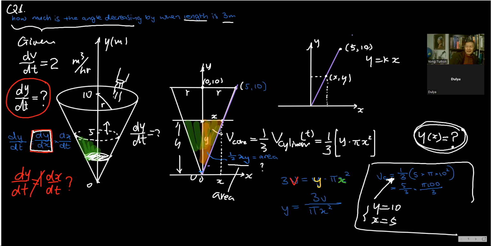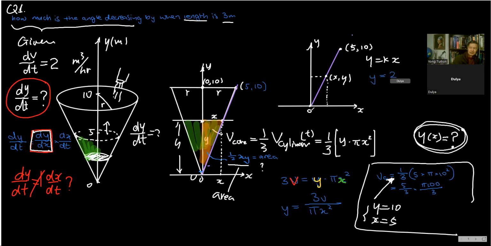What is k? Oh, it's the gradient, the slope. Yes, that's right, that's a gradient. So what is the gradient of this straight line? This is the origin. Oh, it's 2. No, not 2, it's half. You can work out the gradient.